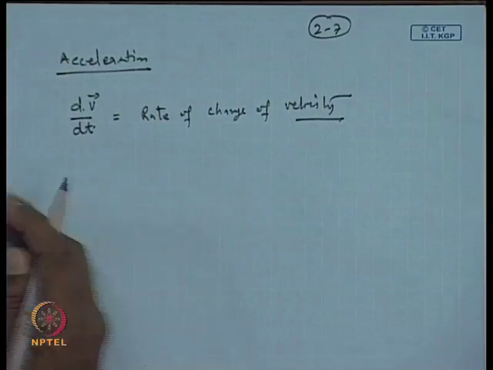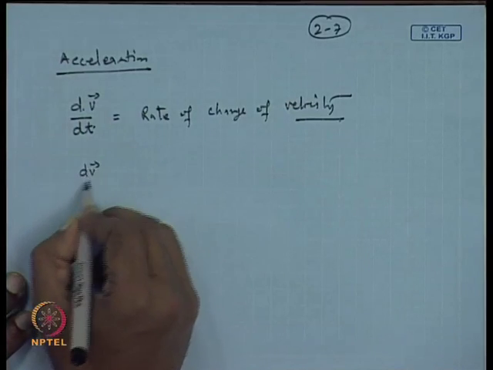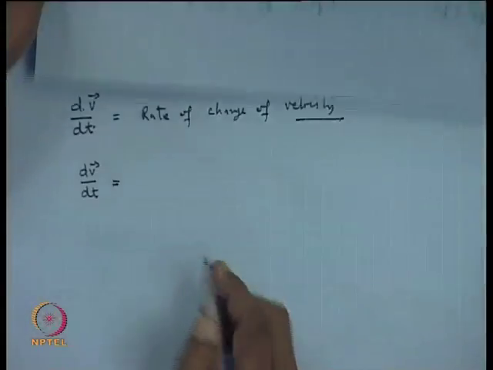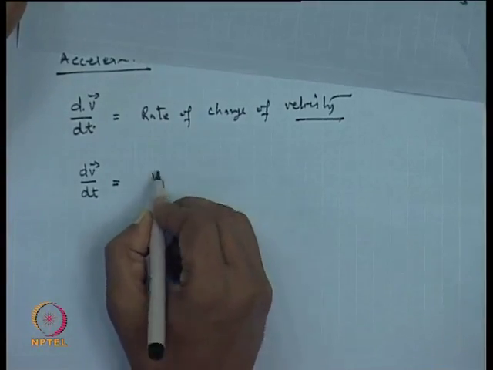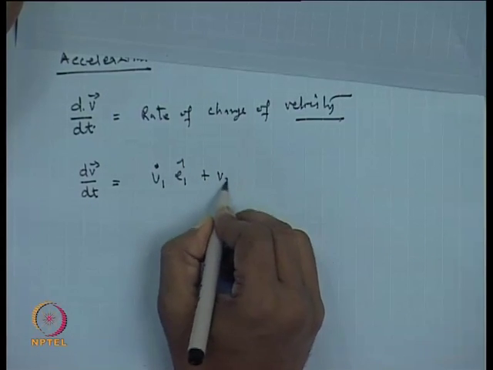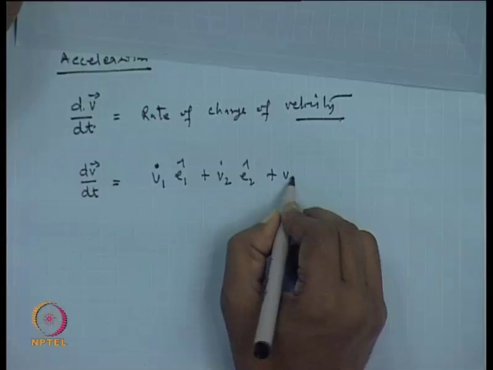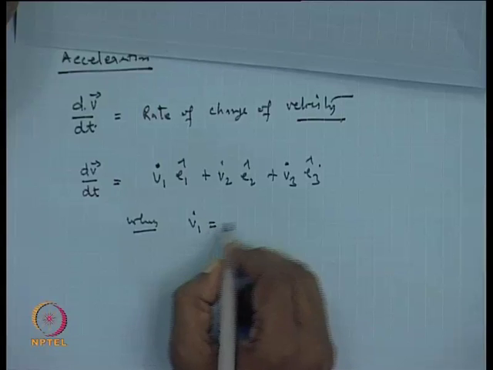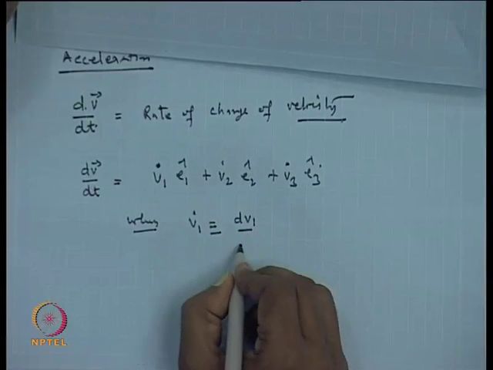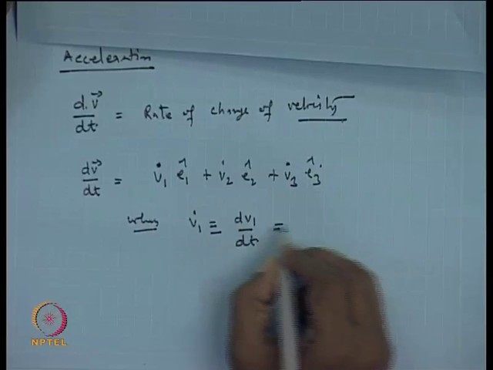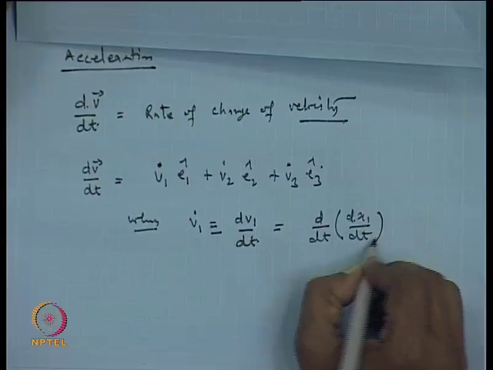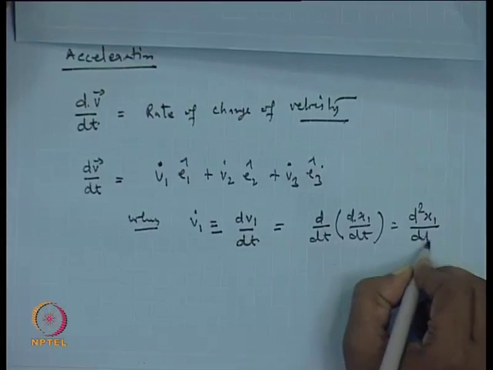So, proceeding in the same way, dV by dt, using the equation that we have written here, we can write as V 1 dot E 1 cap plus V 2 dot E 2 cap plus V 3 dot E 3 cap, where V 1 dot is nothing but dV 1 by dt, and then if we write V 1 equal to dx 1 by dt, this becomes equal to d square x 1 by dt square, and similarly the others follow.